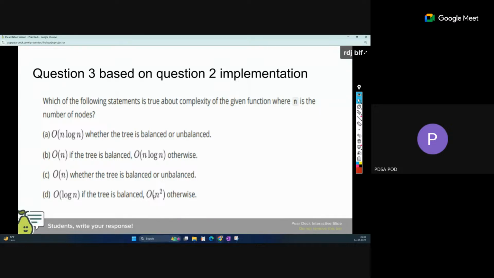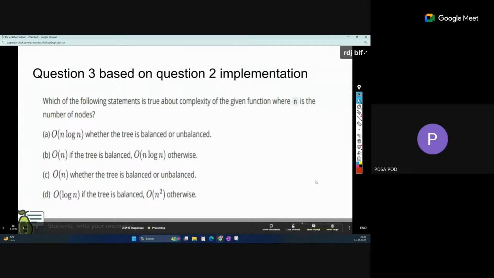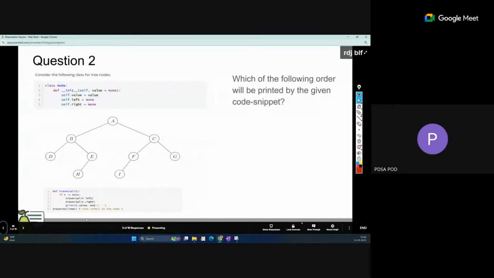What traversal have we done in the previous steps? What would be the complexity if our tree is balanced or not balanced? So this type of condition is being asked. The complexities of big O and log n, whether the tree is balanced or unbalanced. So just tell me what is the complexity for this function in the previous question, the traversal operation.